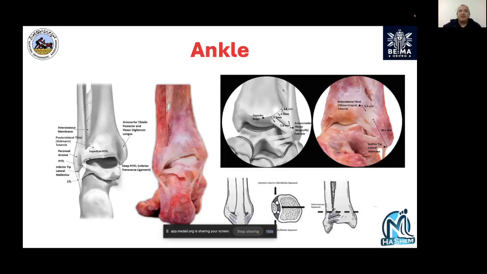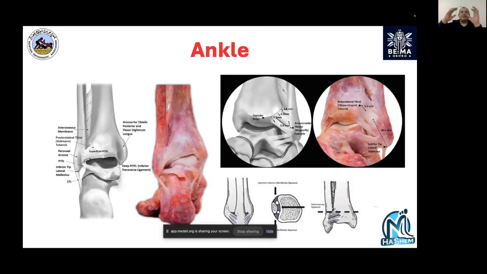Because it is very strong, it's commonest to see a syndesmotic injury or a fracture from the back, from the Volkmann's fragment, or a posterolateral fracture. So you commonly see one of two options: either a syndesmotic injury with no fracture, mostly because of injury to the anterior inferior tibiofibular, or, on the other side, an avulsion from the back rather than a ligament injury from the back. Both of them are syndesmotic injuries by definition.